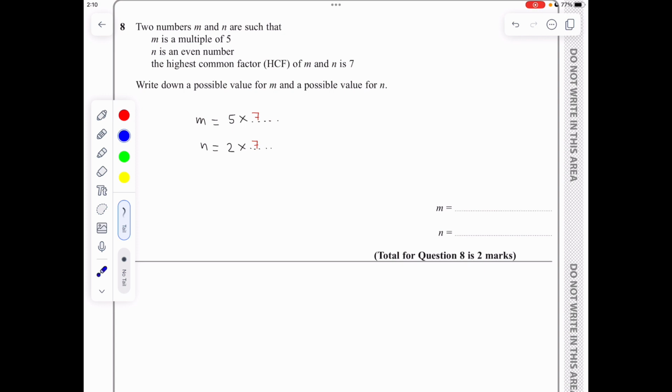So I could simply say here times 1 for both, leading to M being 35 and N being 14. And therefore one possible value for M is 35 and a possible value for N is 14.